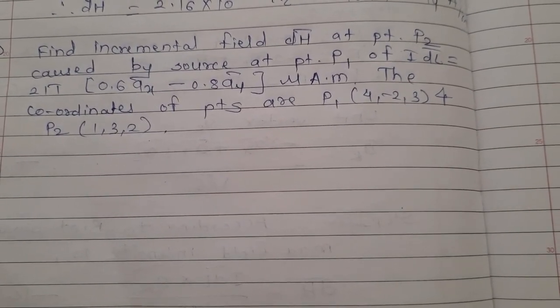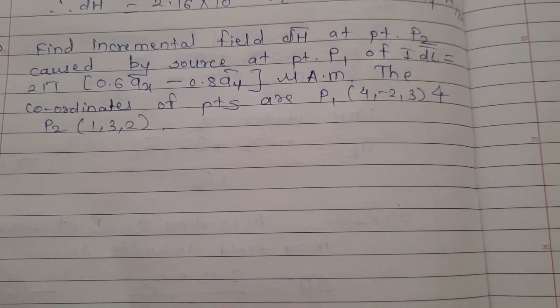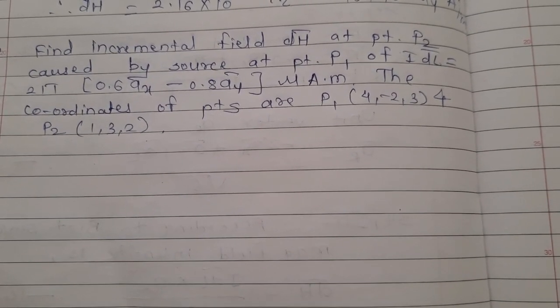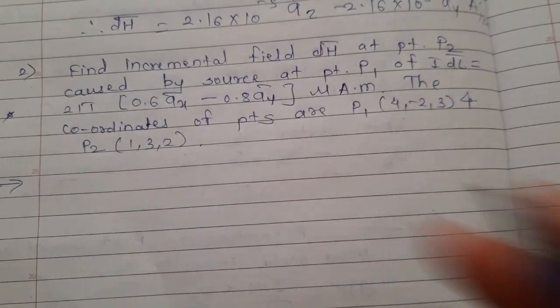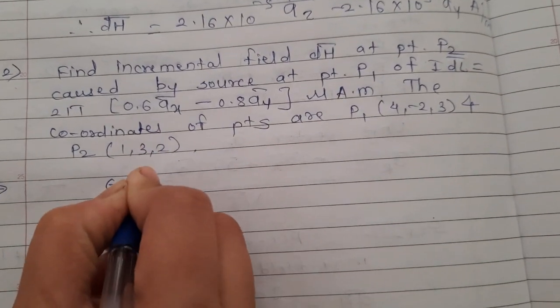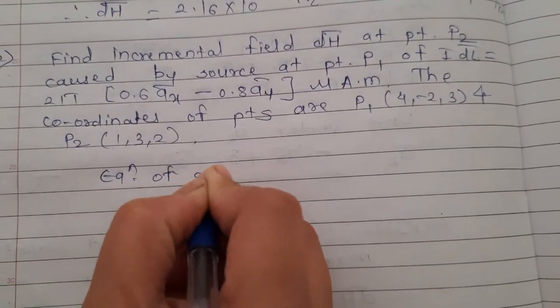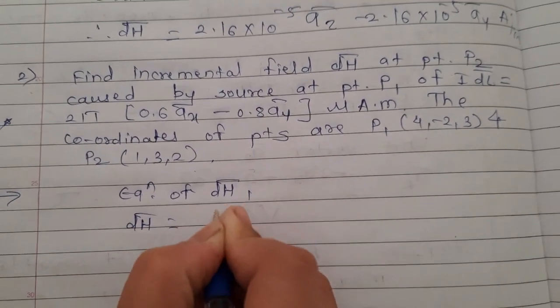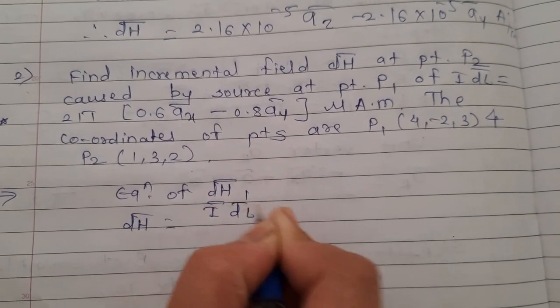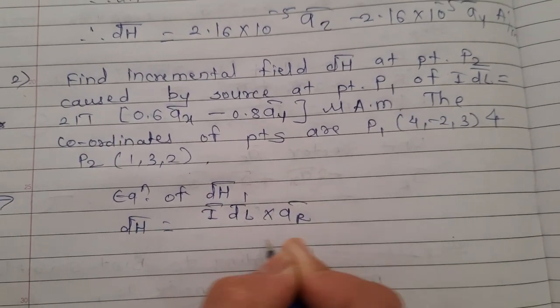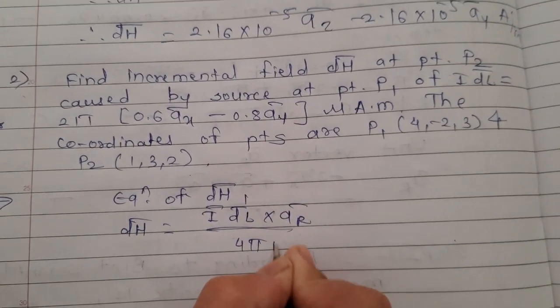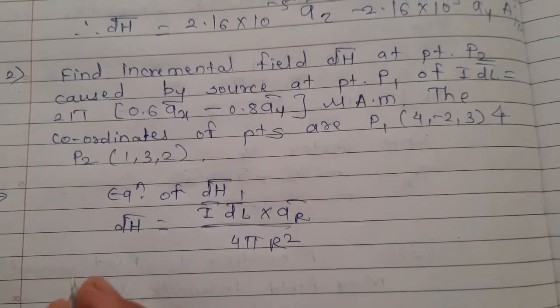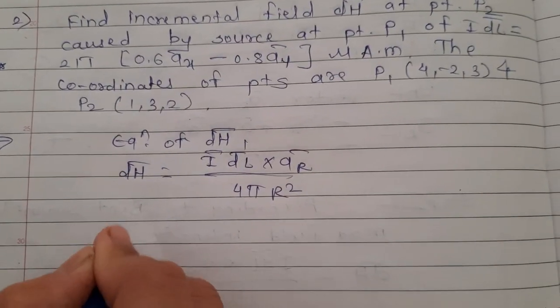The coordinates of the points are P1 and P2 with values (4, -2, 3) and (1, 3, 2). Now we have the equation of dH bar, and it is dH bar equal to I bar dL bar cross aR bar divided by 4 pi R squared.